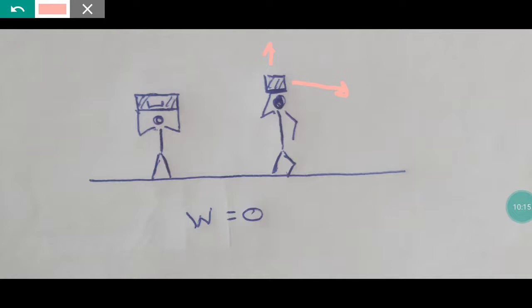Clear? He applies a force on the luggage in upward direction, because if that force is not applied, the luggage will come down. So the force on the luggage is in upward direction, but the displacement of luggage is in horizontal direction. So what is the angle between both the force and displacement? It is 90. And therefore, the work done by this coolie is also zero in terms of physics.